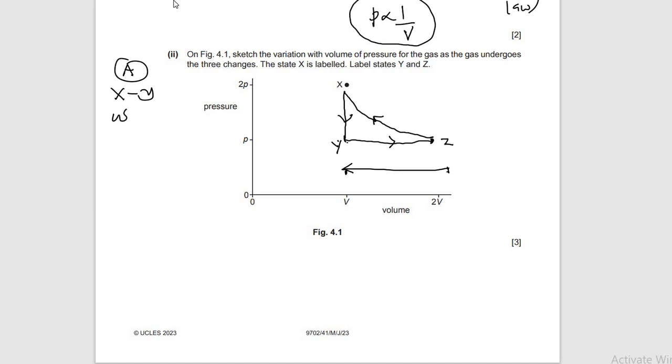What is the formula for work done? Work done is pressure times change in volume. Since the volume is constant, change in volume is 0. So work done at that point will be 0.